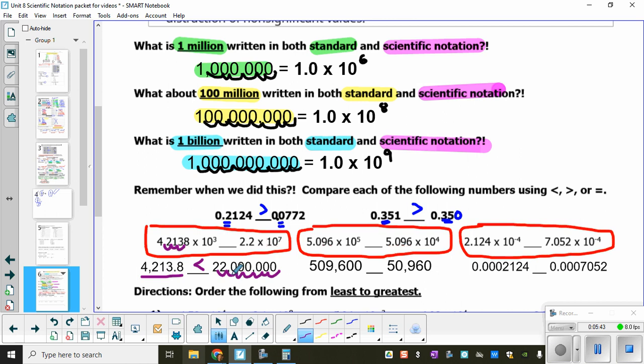Now this step down here, this was us taking it from scientific into standard notation, standard form, so we could compare. But I'm going to highlight something and see if some of you can notice a little shortcut. If the exponent here is a 3 versus the exponent here is a 7, which one's bigger between 3 and 7? Well, 7's much bigger. So you can use the exponent here as a little shortcut.